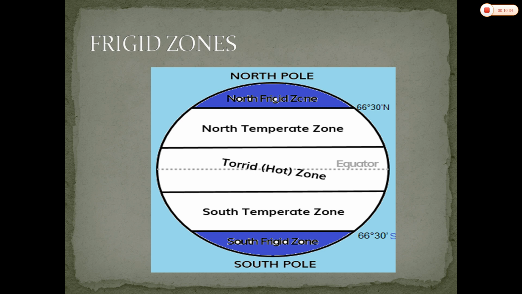That means in this polar region, in the extreme northern and southern parts, you will see it remains always frozen. And in some regions of these frigid zones, in the summer months, when the day starts in this region, whatever ice is there starts to melt.